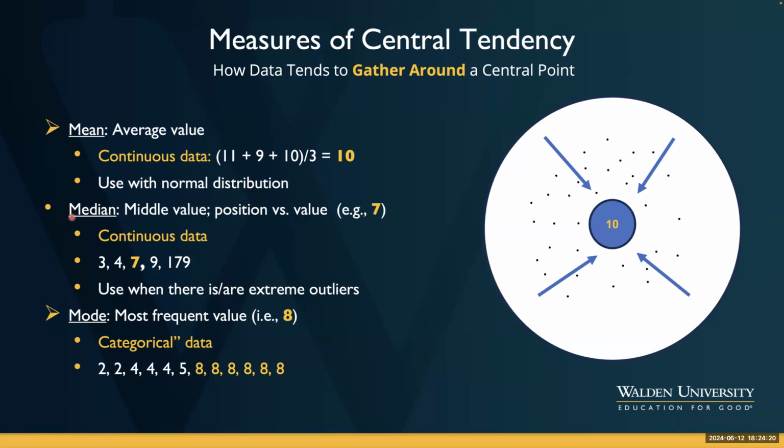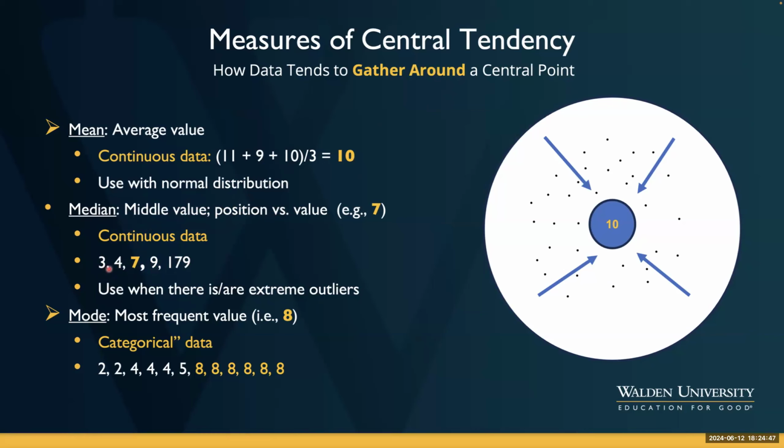But we also have something, you've probably heard of, called the median. Now, to describe data in terms of the median, we're talking about a middle value, and it's more of a position versus a value. And what do I mean by that? Here I have data lined up, 3, 4, 7, 9, and 179.